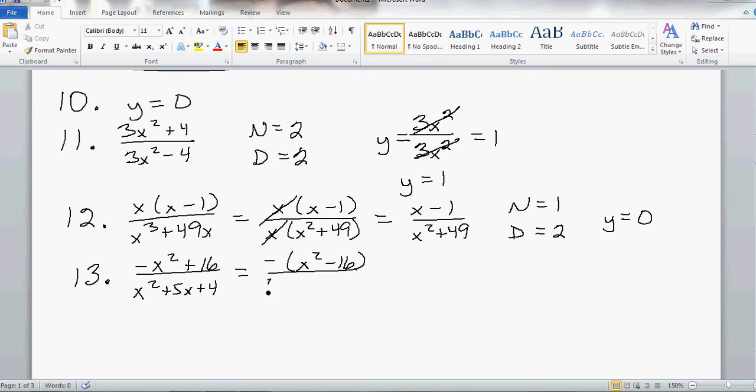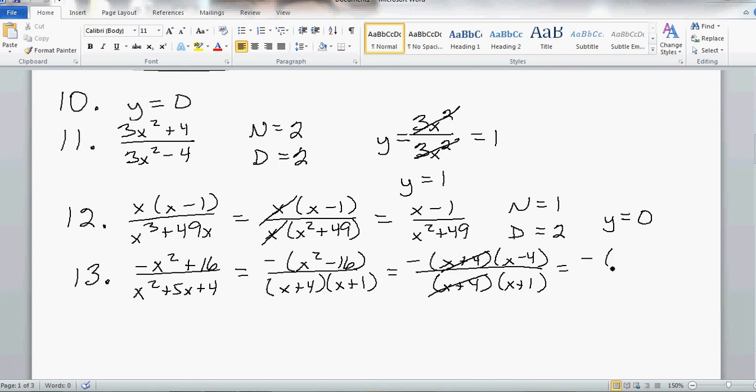And the x squared minus 16 can now be factored to x plus 4, x minus 4, all over x plus 4, x plus 1. So this x plus 4 will simplify with that x plus 4, leaving a negative x minus 4 over the quantity x plus 1. Okay, now it's as simple as it's going to get.